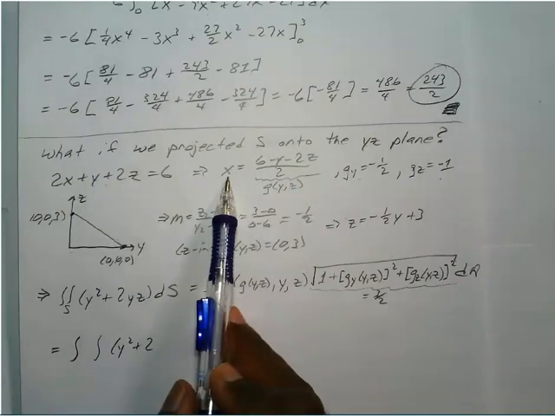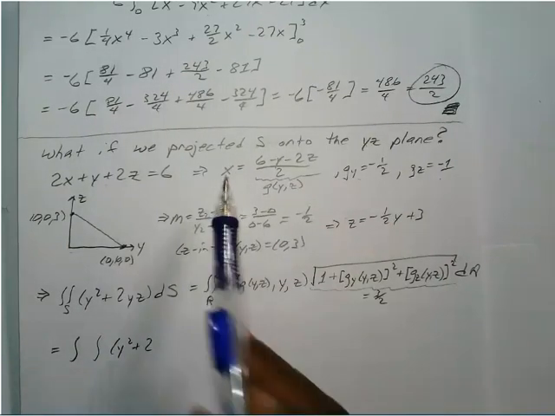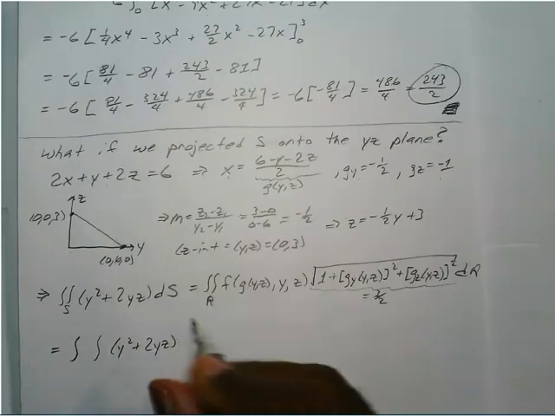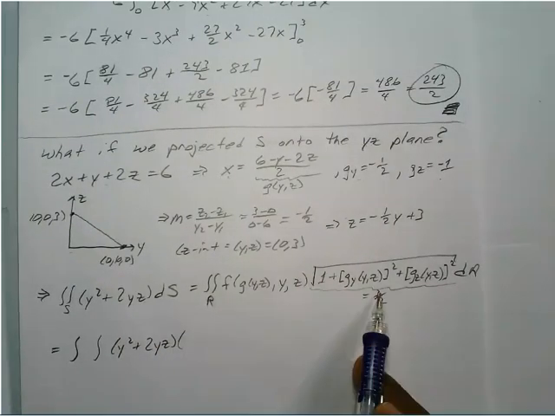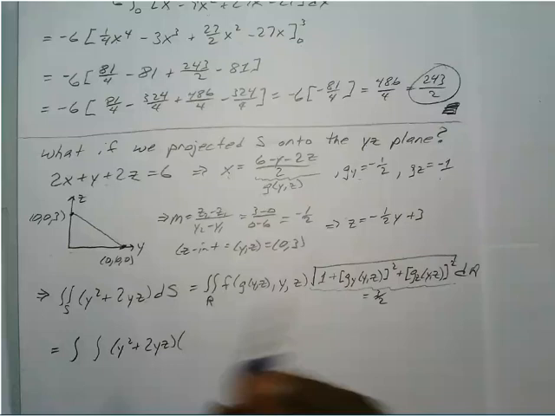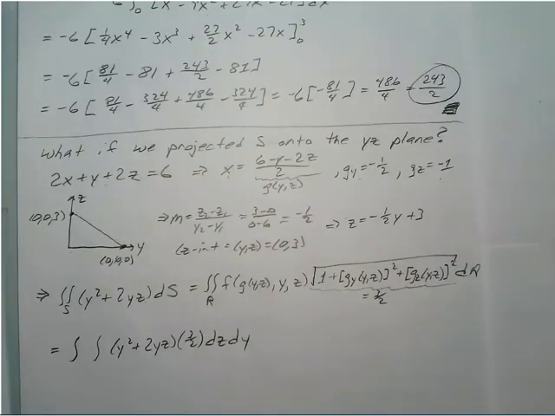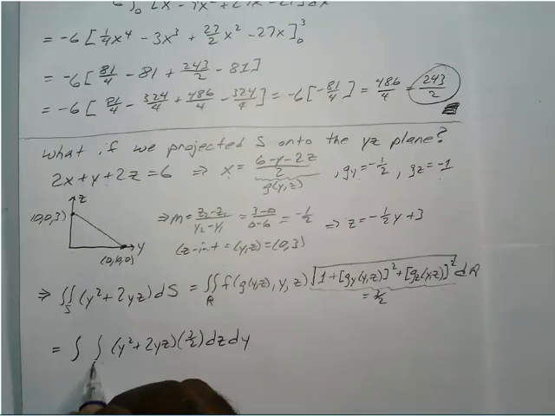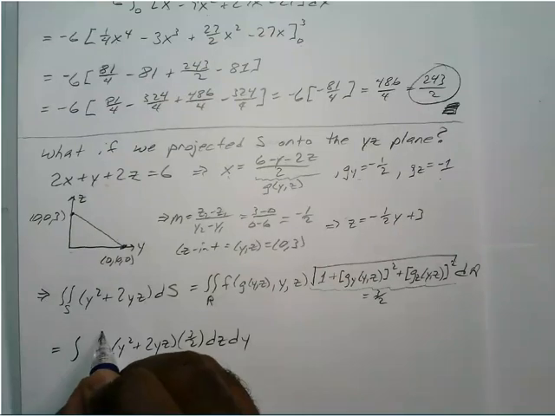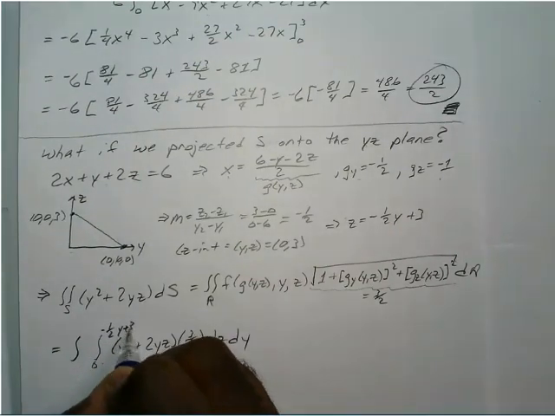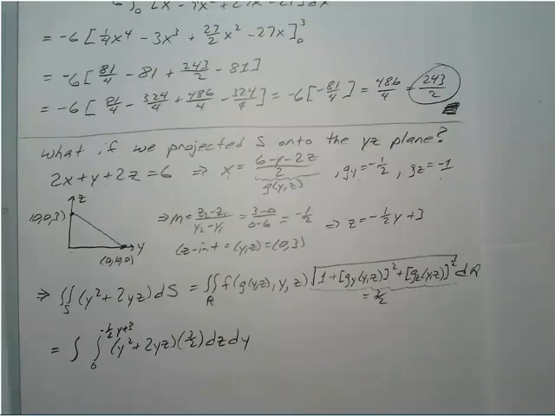You don't have to replace x with anything, so in this case this stays 2yz, times the square root, which just becomes 3 over 2, with respect to z with respect to y. And remember, z goes from 0 to negative 1/2 y plus 3, and y goes from 0 to 6.